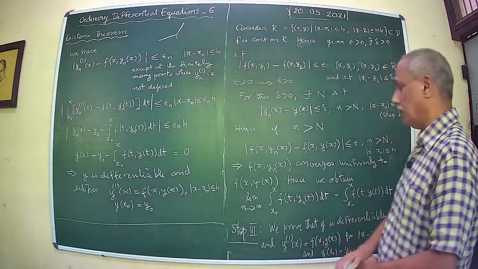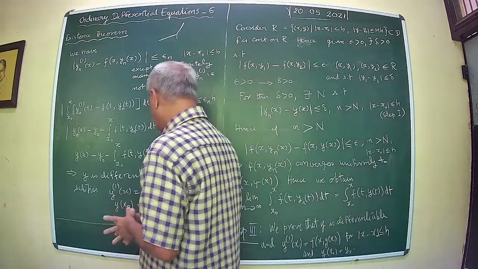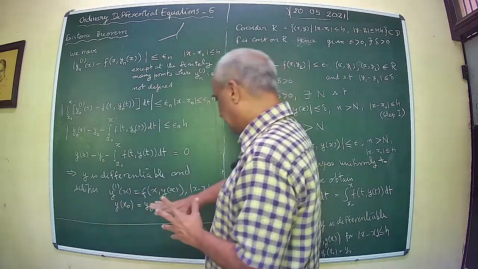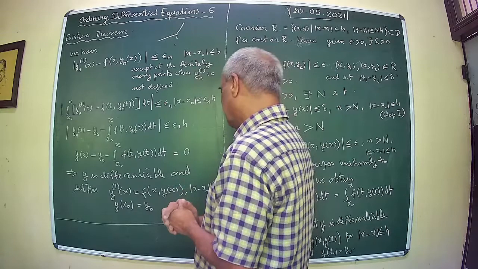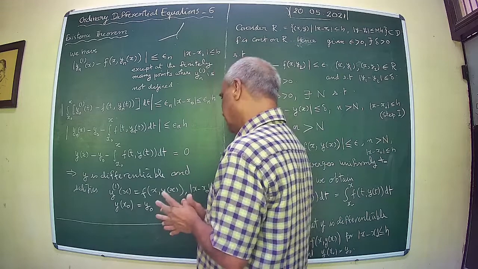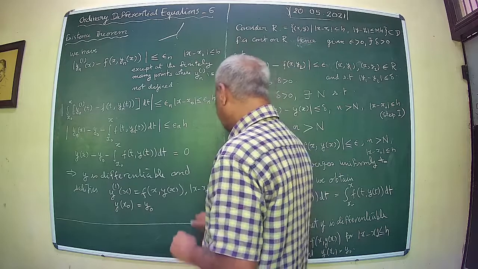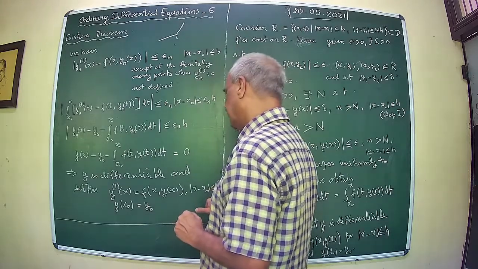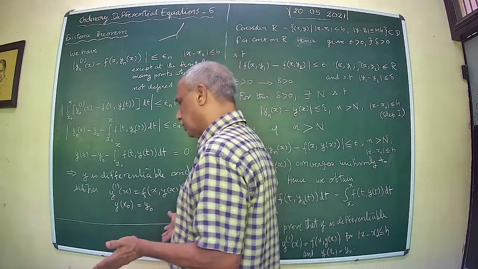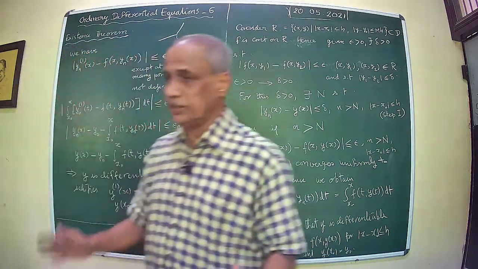So combining these two results, what you can assert is that if you look at this initial value problem, where f is assumed to be continuous on D, and f is satisfying a Lipschitz condition on D, for x0, y0 belonging to D, there exists a positive H, so that on an interval mod x minus x0 less than or equal to H, there exists a unique solution of the initial value problem.